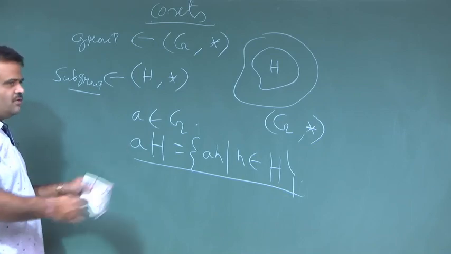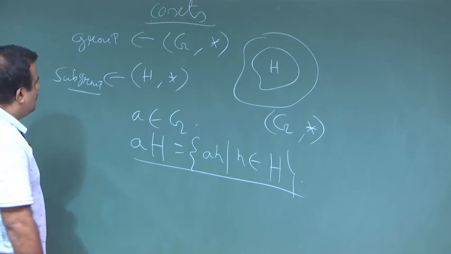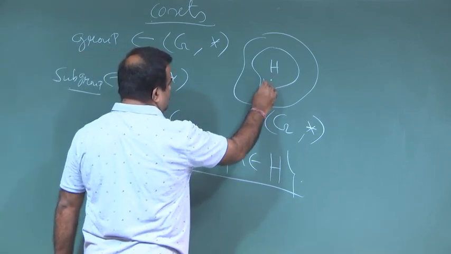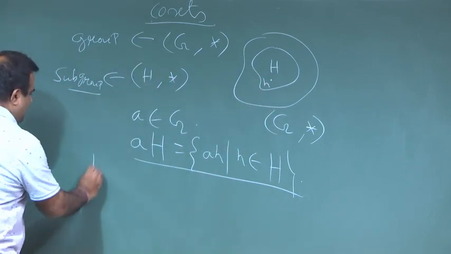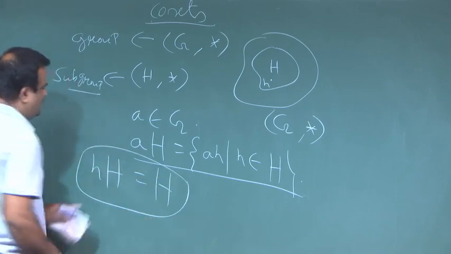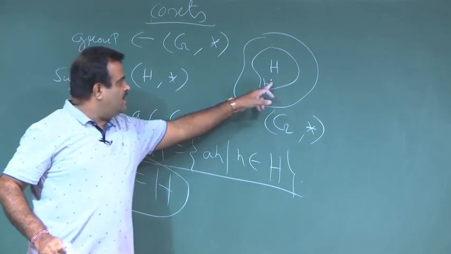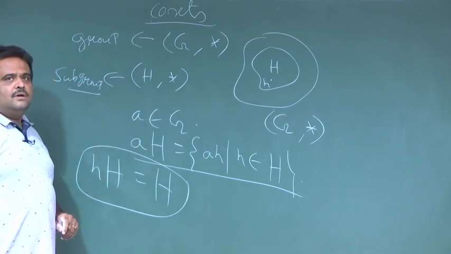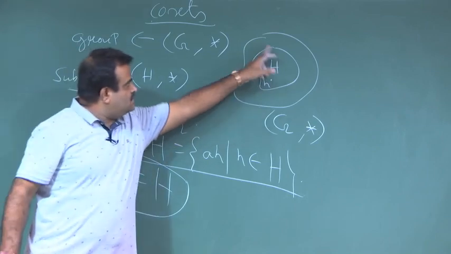Now, we define this for all the elements. In the last class we have seen that if a is coming from H, then aH is nothing but H. This is giving us the same set if we choose a from this set.